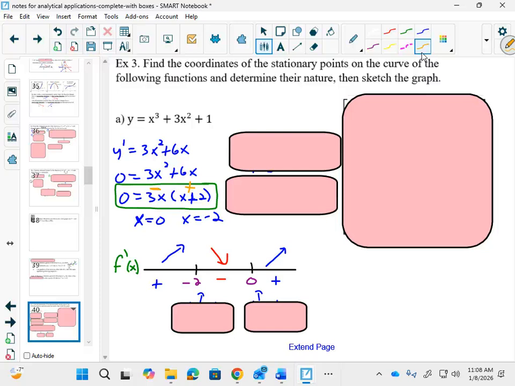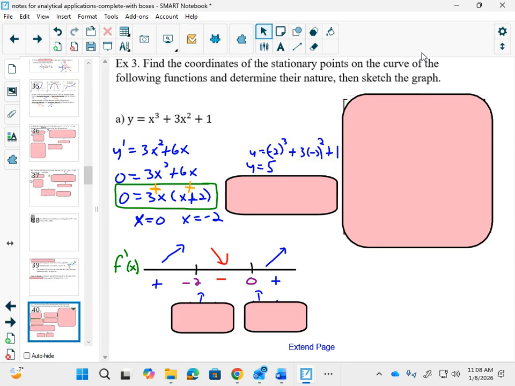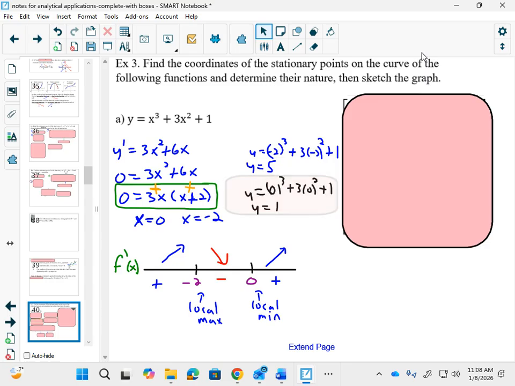And when I try something bigger than 0, like 6, this will be positive. This is still positive. Positive times positive is positive. And then because this is going to be a local max and this is a local min, we can find the y values.